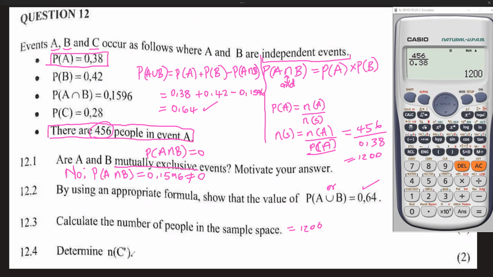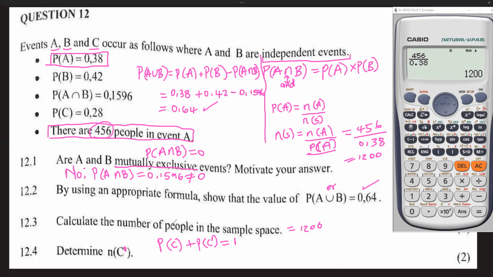Now they want us to determine the number of people that are not in C. Awesome. So I'll show you something here. This symbol here with a line means not C. But there's this formula for complements. The probability of C plus the probability of not C will always add up to 1.